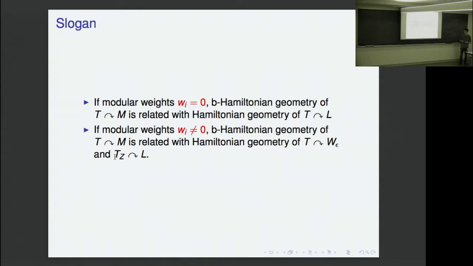This makes sure that the results given by Morse theoretical arguments in the symplectic case are also valid in the b-symplectic case if the modular weights are zero. In the second case, if the modular weights are not zero, then the Hamiltonian geometry of this torus action on the b-manifold is related to the Hamiltonian geometry on the symplectic cuts that we described here.